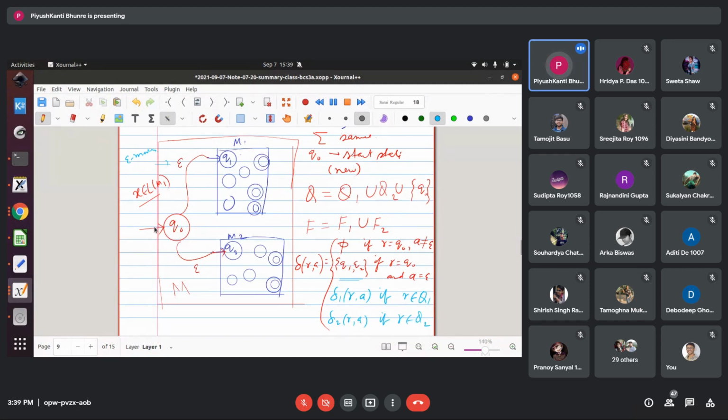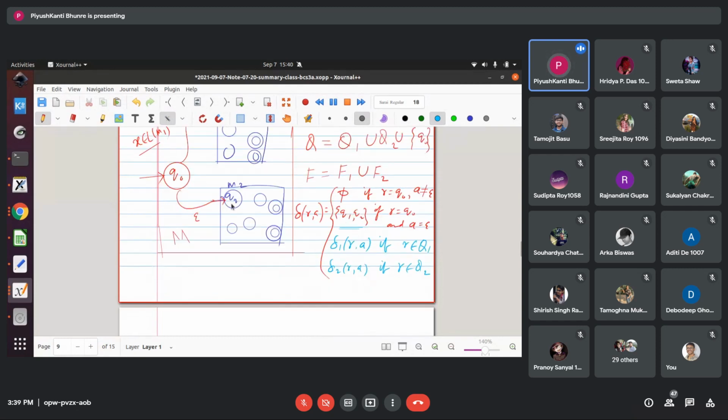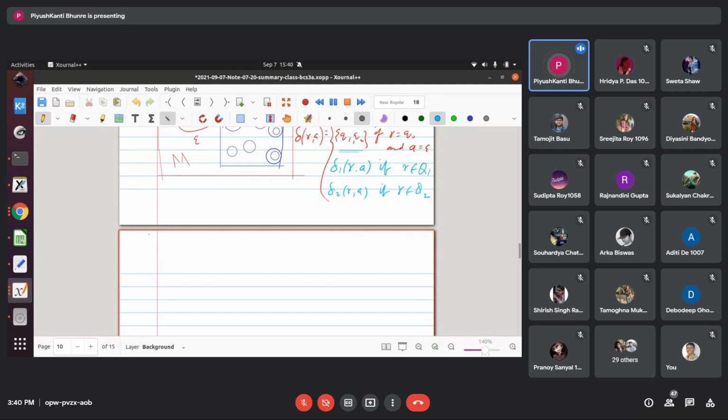That means after epsilon moves, once the computation enters this block that corresponds to machine M1, all the state transitions happen according to delta 1, the transition of M1. So it will be simulating basically. Similarly, when it enters the machine M2 states Q2, all the transitions after that will happen according to delta 2.